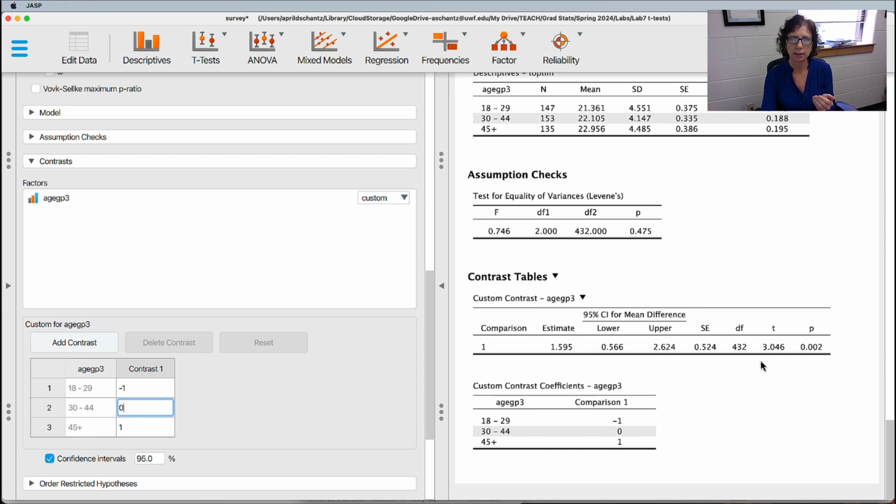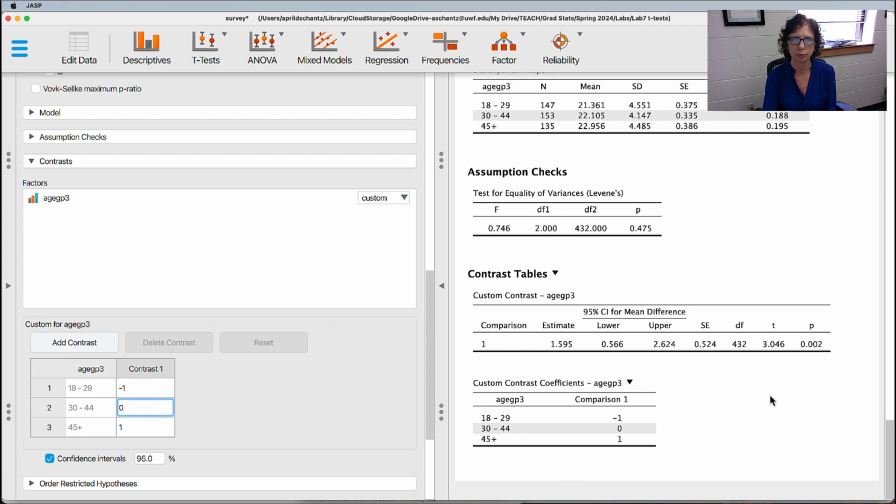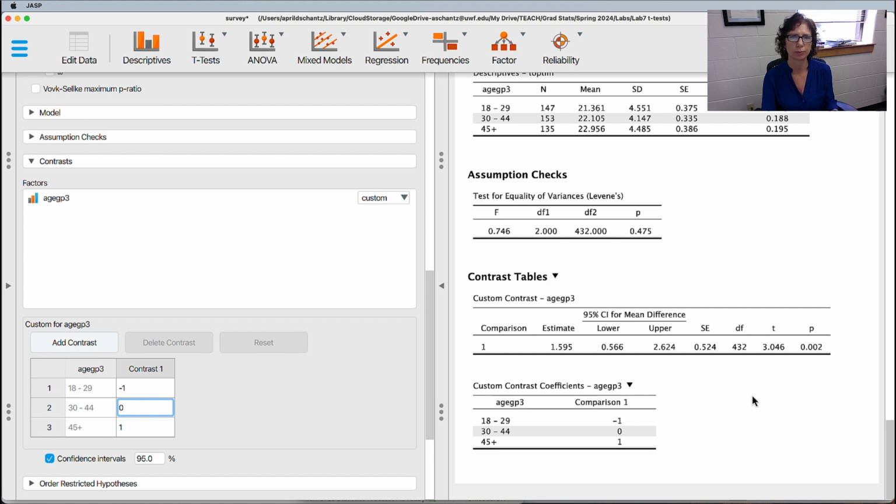Here's my t-test for it, my degrees of freedom, and I don't get an effect size here in JASP, but I can report the confidence interval. So report one or the other or both, but at least have your confidence interval or your effect size indicated in your write-up for that detail.